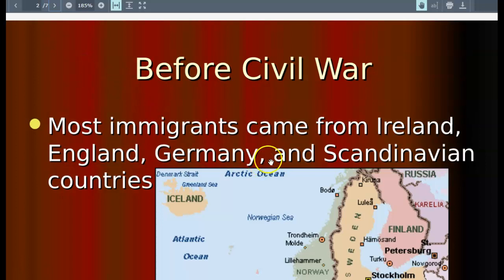If you don't know what Scandinavia is, it's basically Sweden, Finland, Iceland, and Norway. But this is before the Civil War, that most of what they refer to as old immigrants came from these countries primarily.